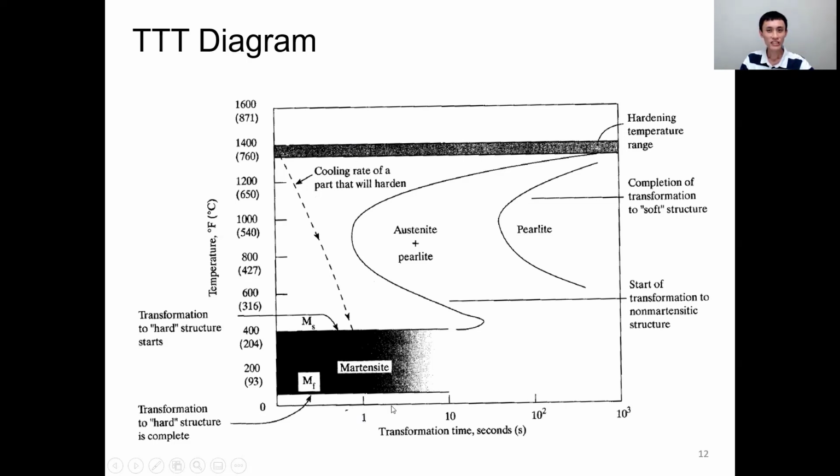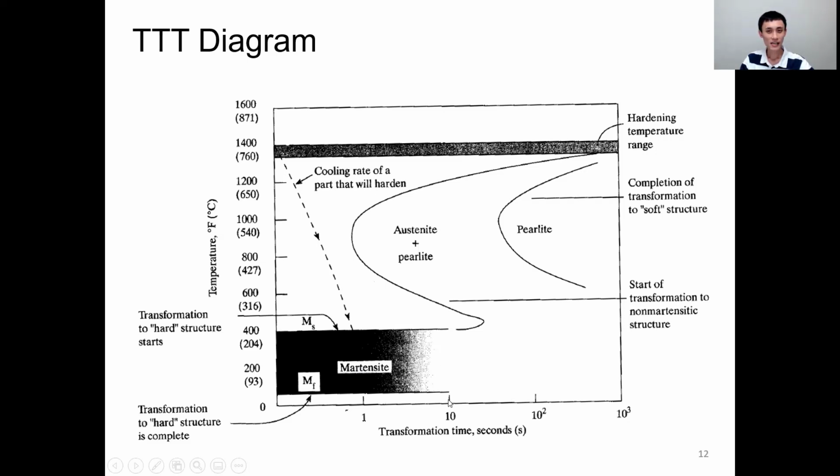So within those 2 seconds, the temperature has to drop from 760 degrees C to 93 degrees C. Martensite actually starts to form at about 204 degrees C and completes at about 93 degrees C. So from 760 degrees C to 93 degrees C, the whole process has to be completed within about 2 seconds in order to form 100% martensite.